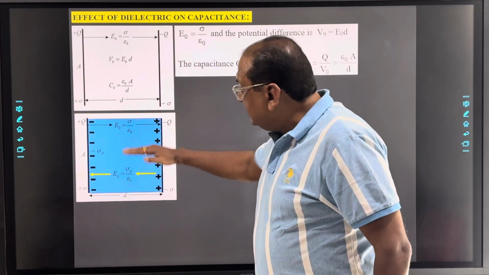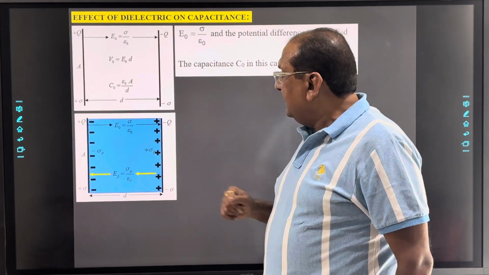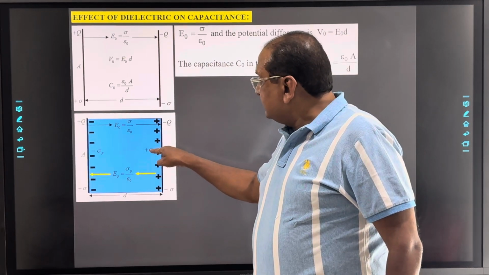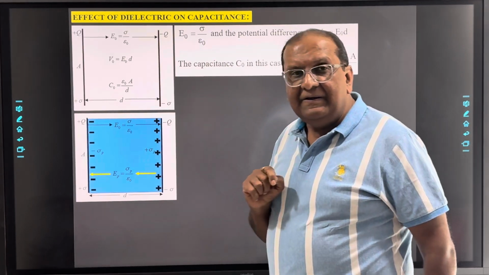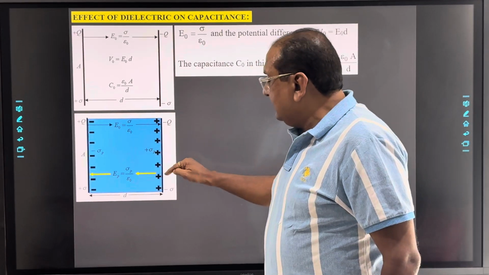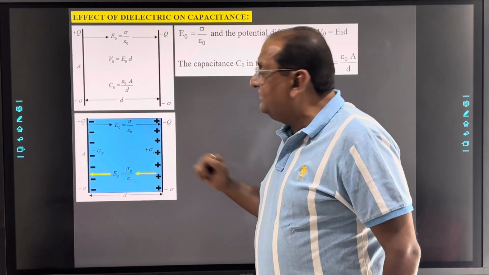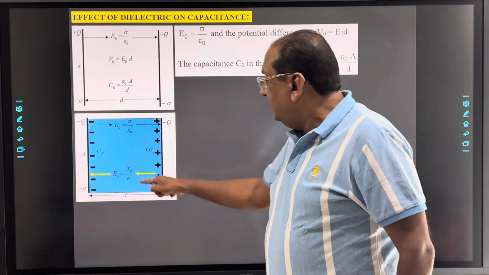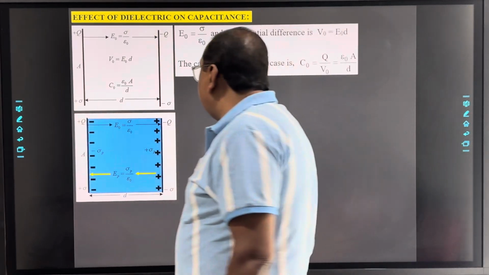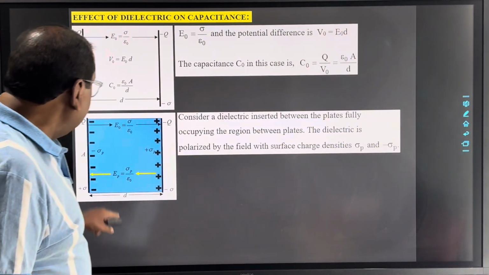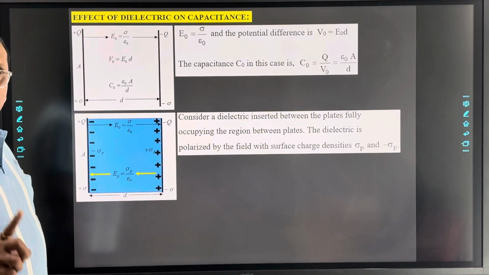So inside the dielectric substance, due to its polarization, suppose the surface charge densities are plus minus sigma p, and due to that an electric field in the opposite direction of the external field will be developed, and that is EP equal to sigma p upon epsilon 0 as shown in the figure. Clear to all of you?